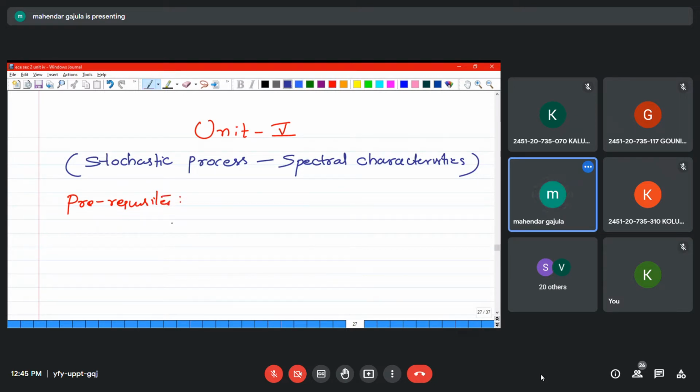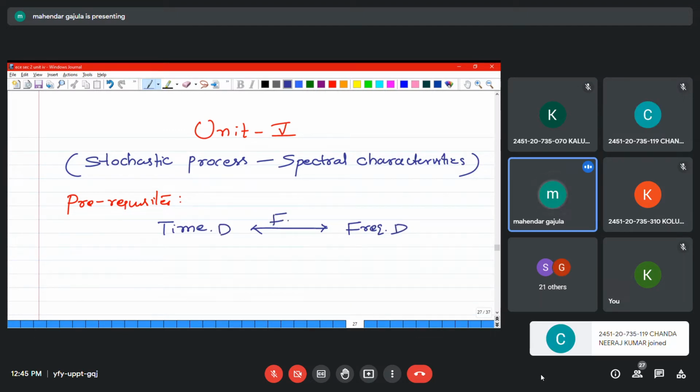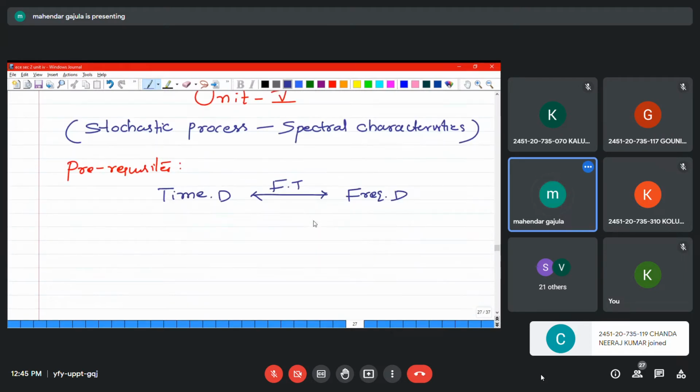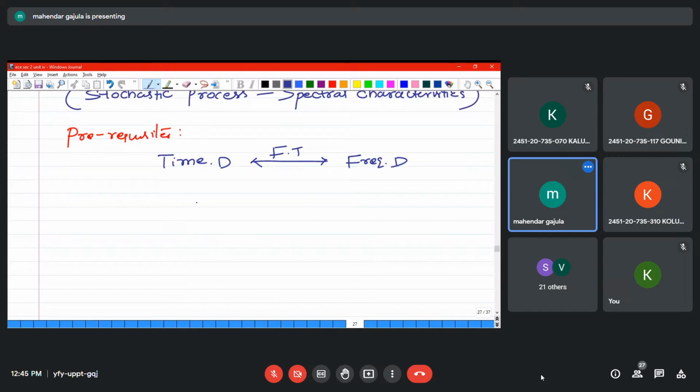First one, a time domain signal is converted into frequency domain using Fourier transform. Many are there, but we are going to use Fourier transform. For example, there is a signal x(t).